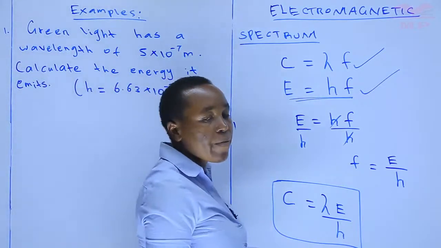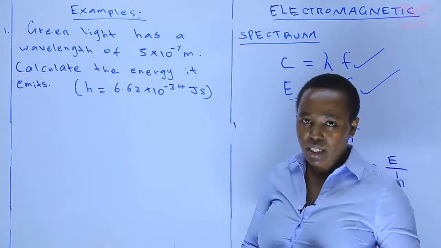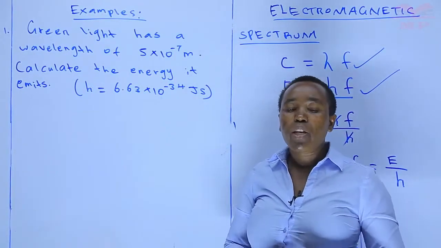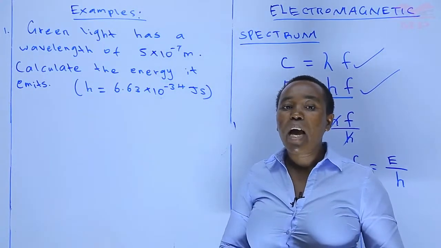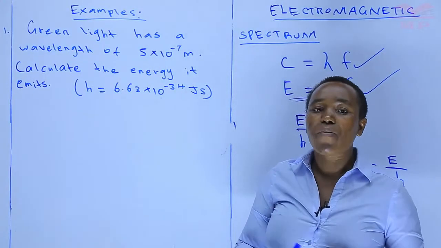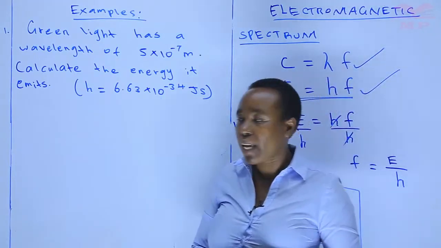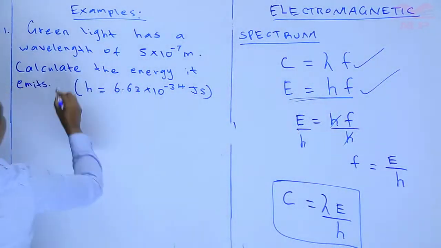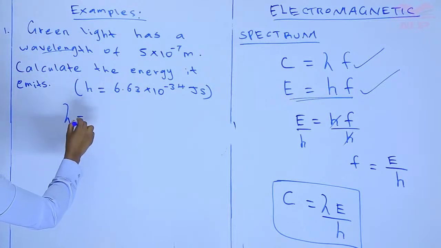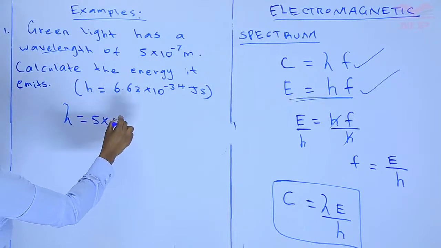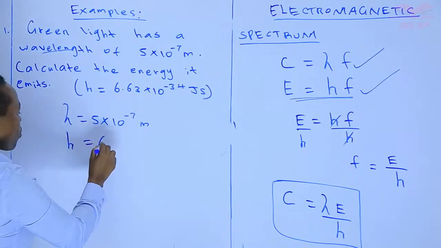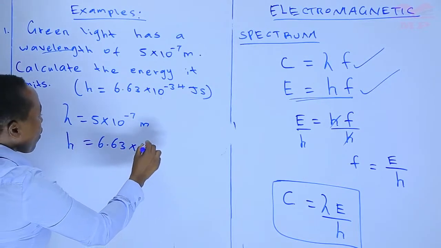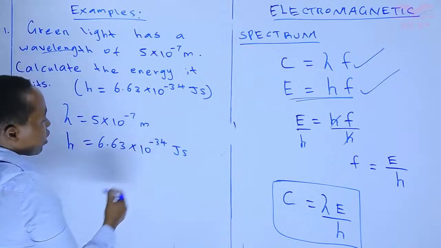Whenever you are given a question in physics involving calculation, it is always good to first analyze, state what is given, and then what is in question, and see the formula that you need to apply. So here we have been given the wavelength, 5 times 10 power negative 7 meters. Then we also have the Planck's constant, which is 6.63 times 10 power negative 34 joules second.